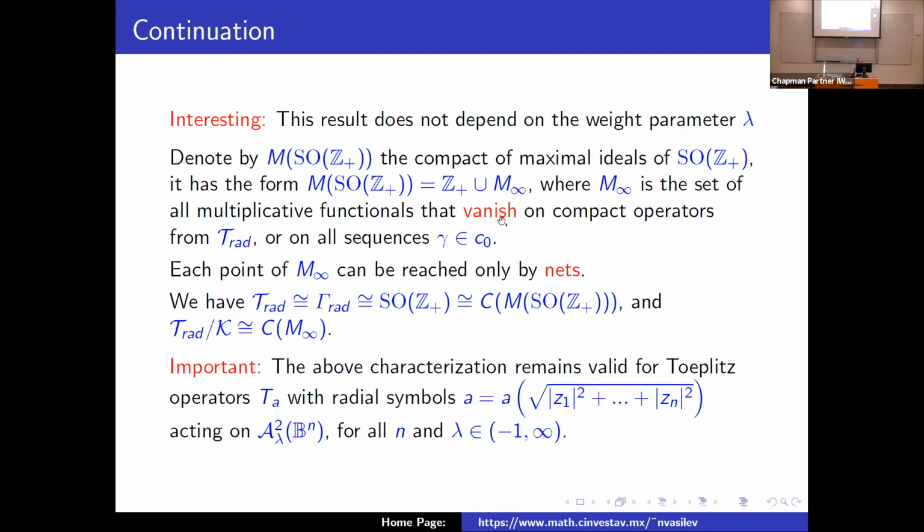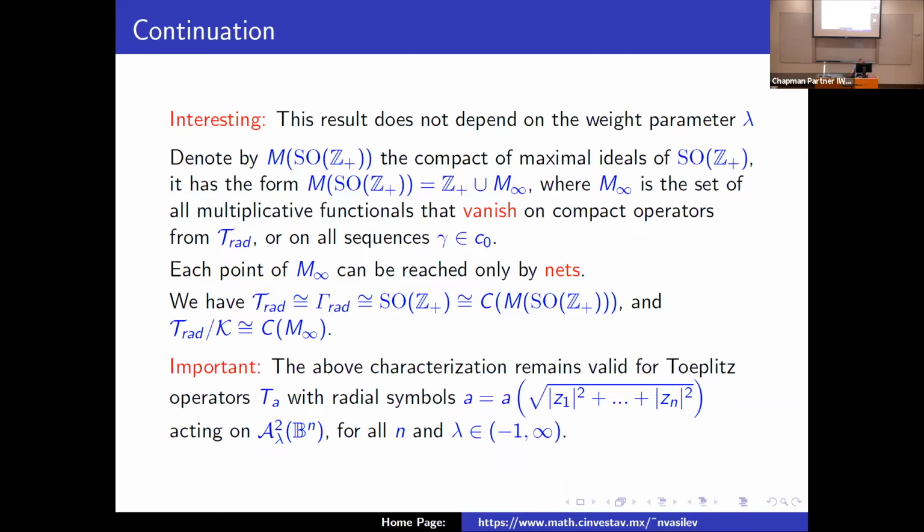And this strange fiber, M infinity, collects all partial limits at infinity for all slowly oscillating sequences. No point of M infinity can be reached by sequences. We need to use nets.